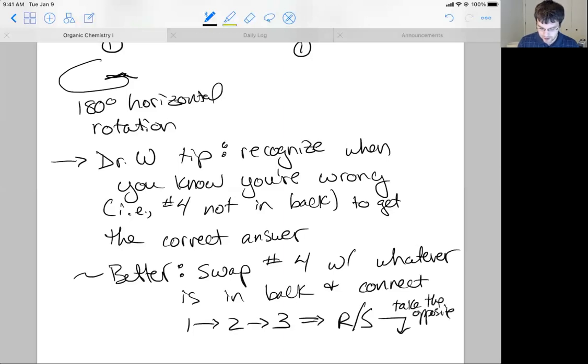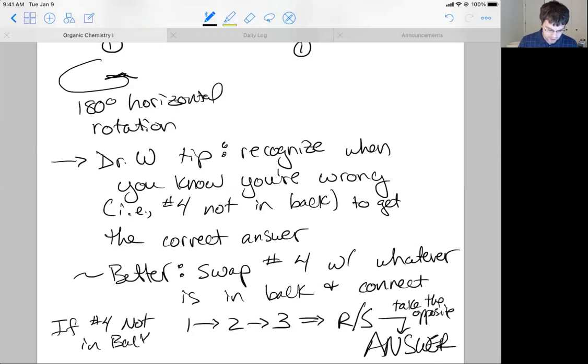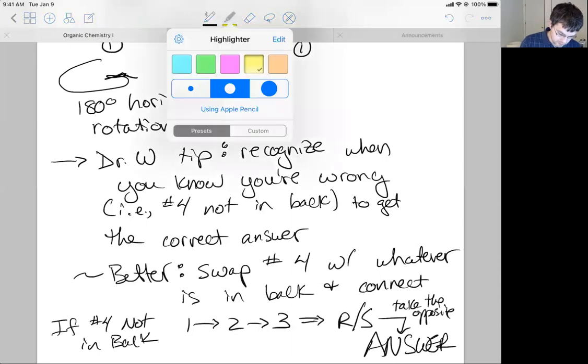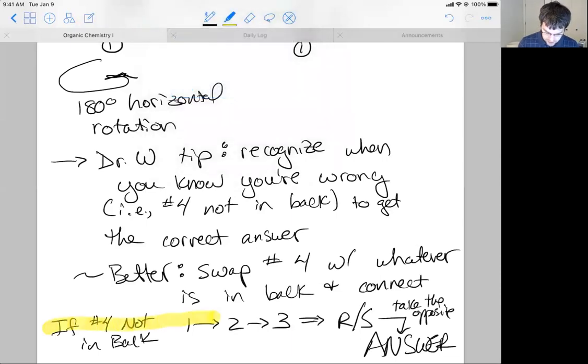And that gives you your answer. So here's my tip: if number 4 is not in back, swap it and take the opposite. I think this rule, and my previous students have said they agree once they get it and they make sure.